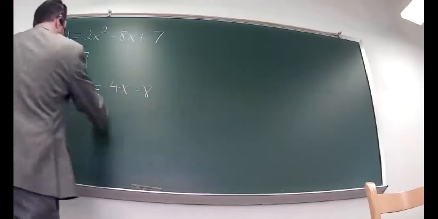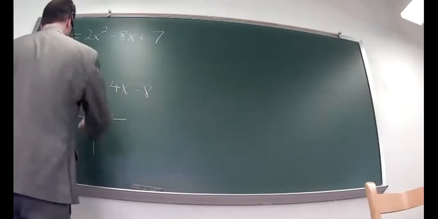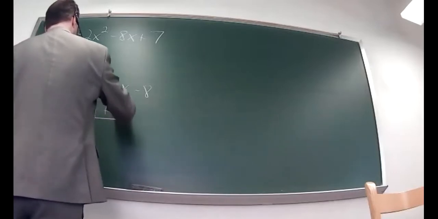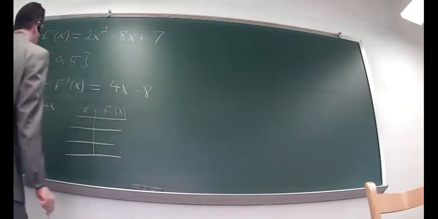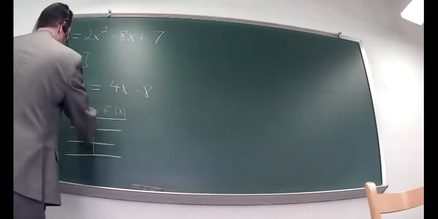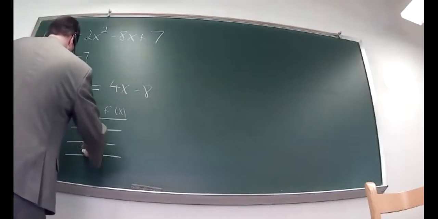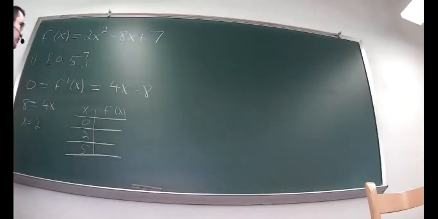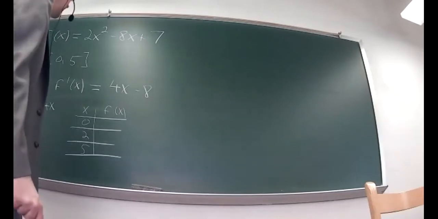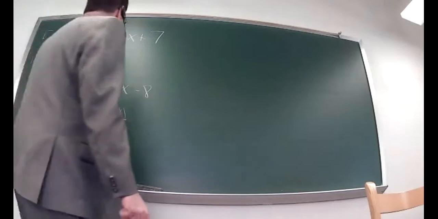Now I can test the endpoints, 0 and 5, and the critical point, x equals 2. I literally just plug in the numbers to figure out which one's the biggest.